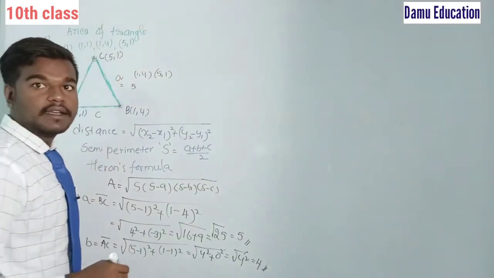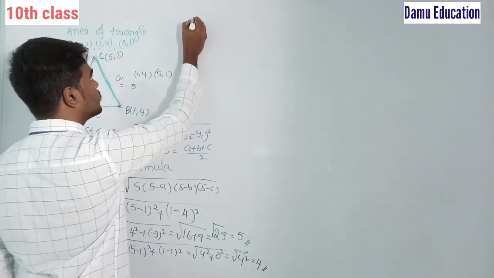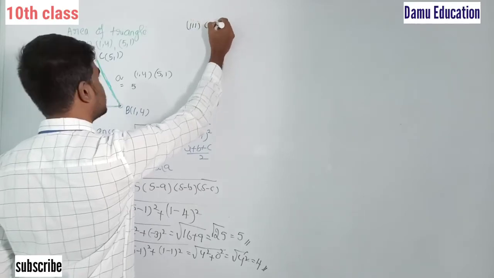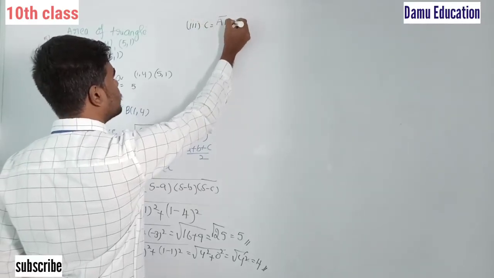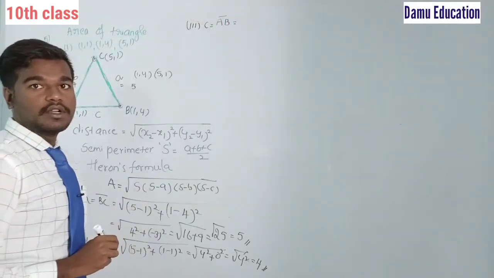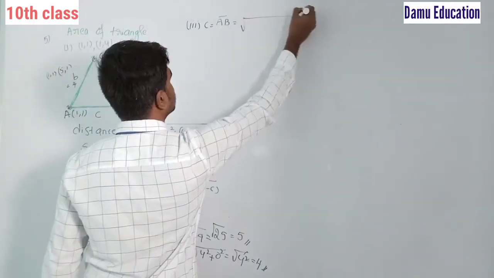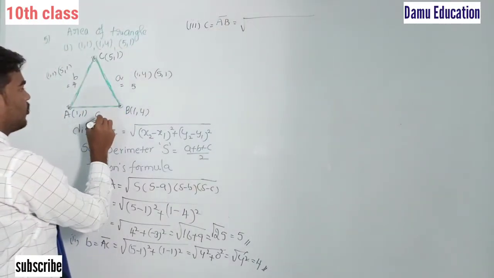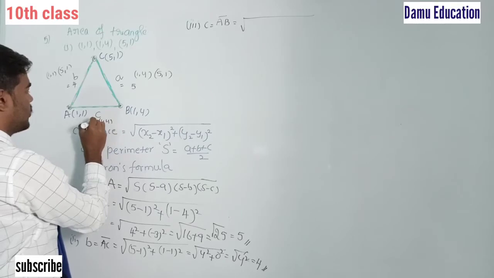Then what is the third one? Let's calculate c, that is AB. AB will be equal to the square root of x2 minus x1 whole square plus y2 minus y1 whole square, with coordinates 1 comma 4 and 1 comma 1.